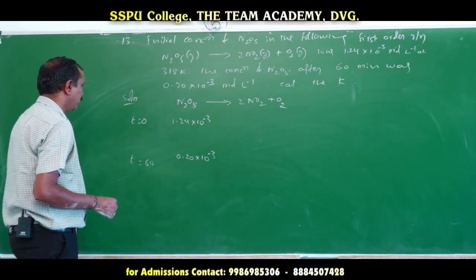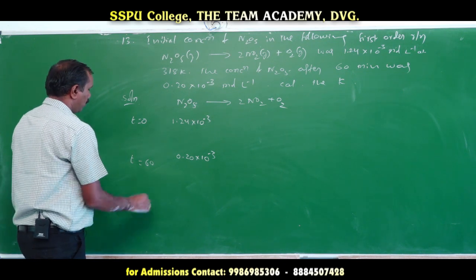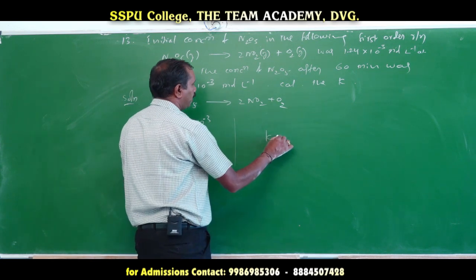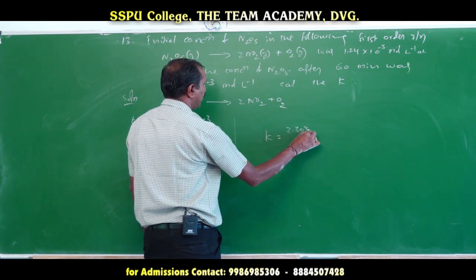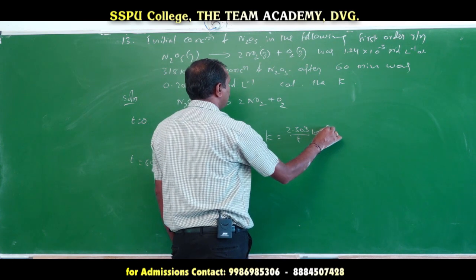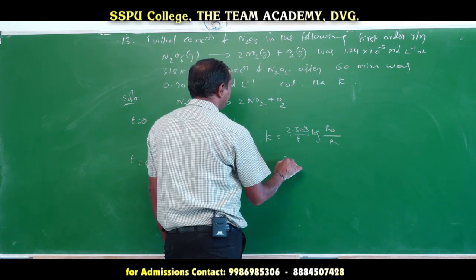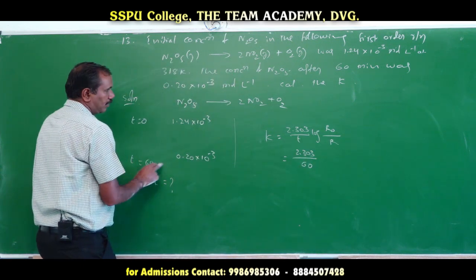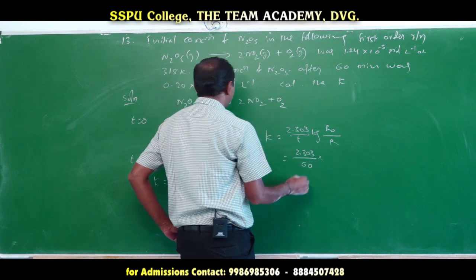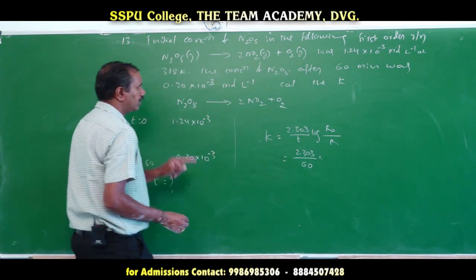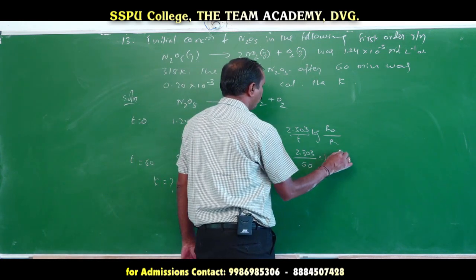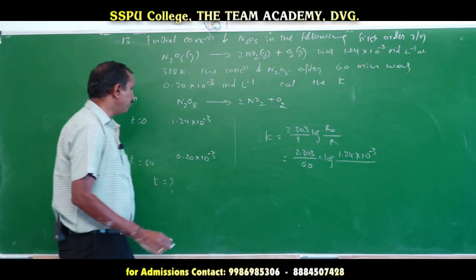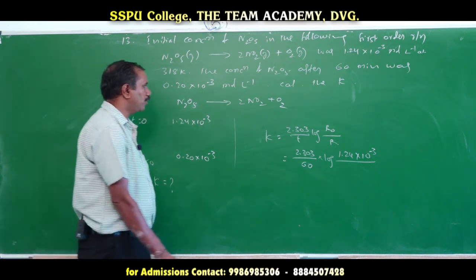How to find out the value of k? k for first order is calculated by 2.303 by t into log of R0 by R. At the 60th minute, t is 60. R0 means initial concentration, that is 1.24 into 10 to the power of minus 3. What is the R value? The left over concentration is 0.20 into 10 to the power of minus 3.